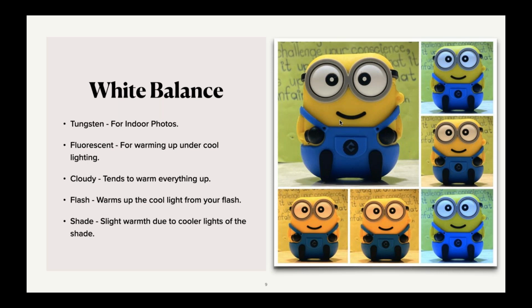When you go outside and click photos during the daytime, in the morning around 6 or 7 o'clock when the sun rises, you see there is a bit of warmth in the picture. And as the sun goes up, the picture becomes cooler and cooler.